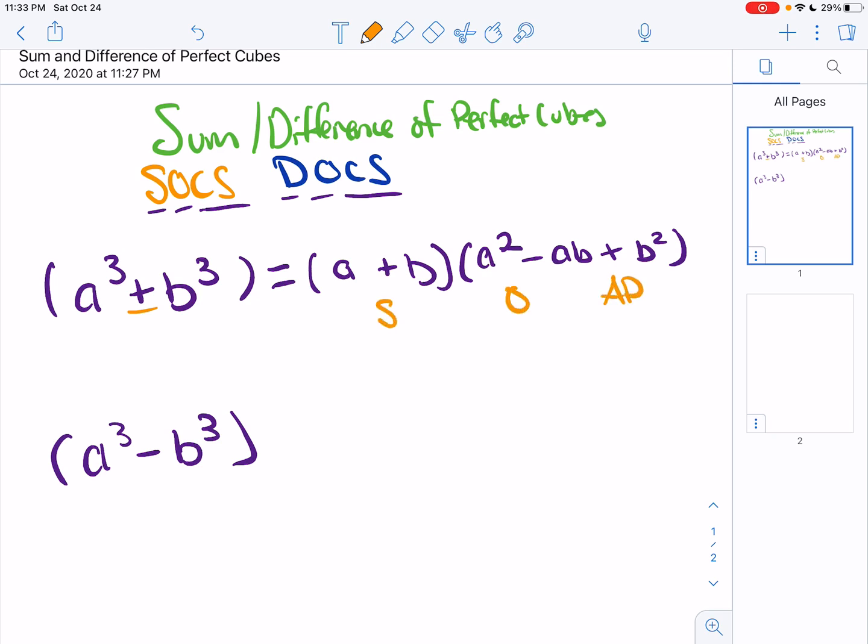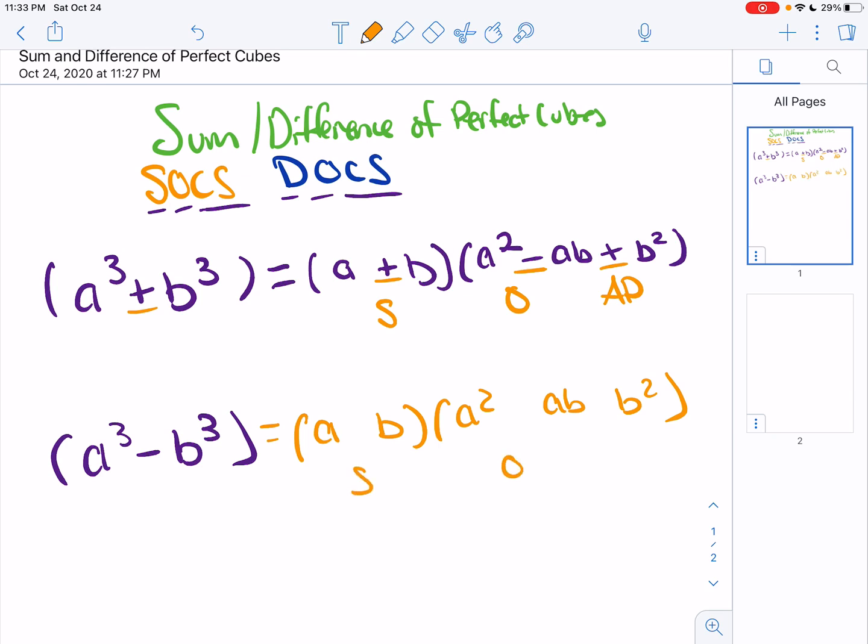What that means is the first sign is the same, the second sign is opposite, and then the last sign is always positive. The same thing applies for a to the third minus b to the third, a cubed minus b cubed. The letters of the formula stay the same: a minus b, a squared, ab, b squared, and now SOAP.